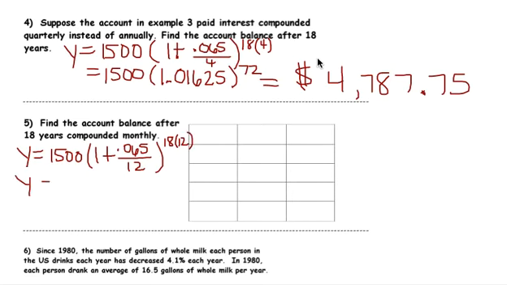So let's simplify this a little bit. So do your 0.065 divided by 12 and add 1 to it. And tell me what you get. Hannah? 1.0054166667. Okay.